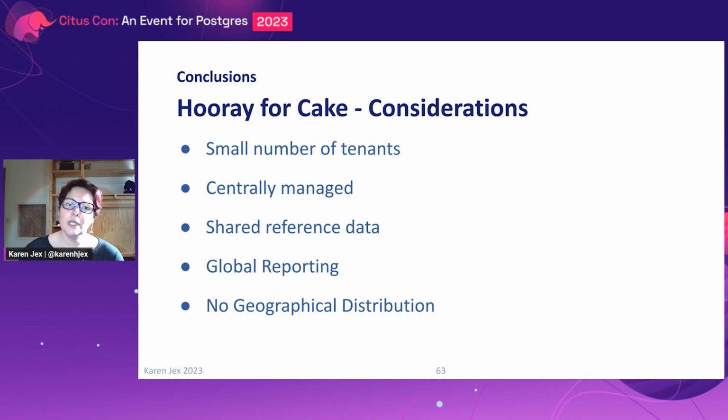You're managing a small number of tenants. You're looking at the moment at 3 franchises. Everything's managed centrally, although the tenants do manage some of their own data. You have shared reference data. You need to be able to do global reporting, but you don't have any privacy or performance concerns that mean you need to geographically distribute that data.